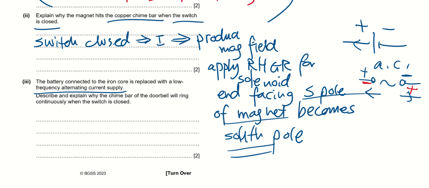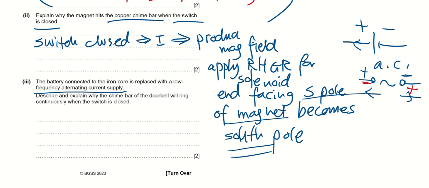This north, south, north, south. So do we need an iron core or can we do with a steel core? We need iron because it needs to be magnetized and demagnetized, north, south, north, south. You all get it?